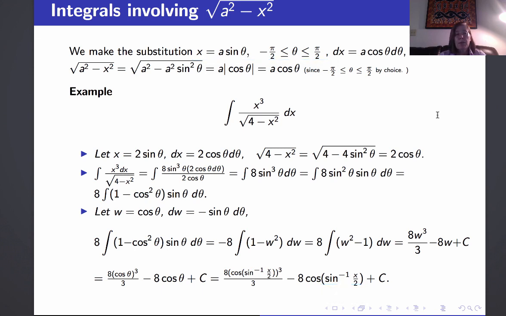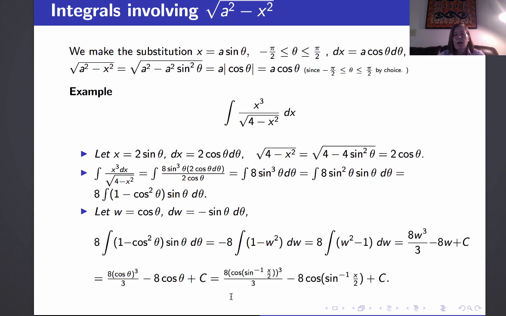And therefore we can replace theta in our answer by sine inverse x over 2. So now our answer is 8 times cosine sine inverse x over 2, cubed, over 3, minus 8 times cosine sine inverse x over 2, plus c.